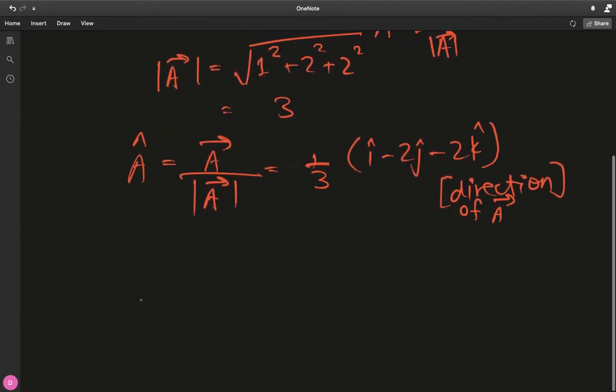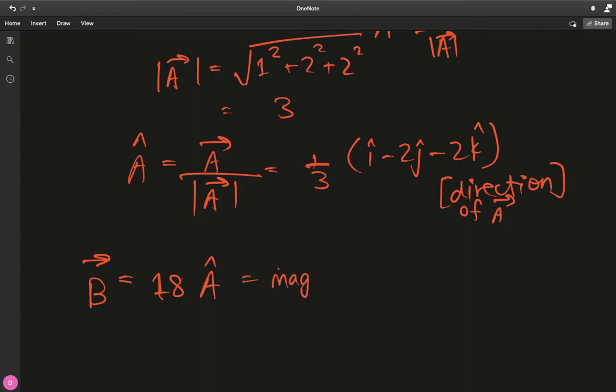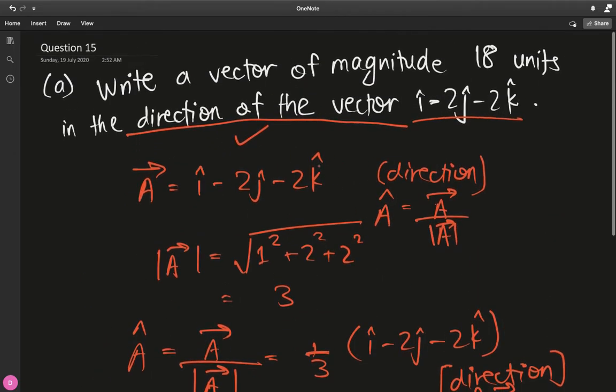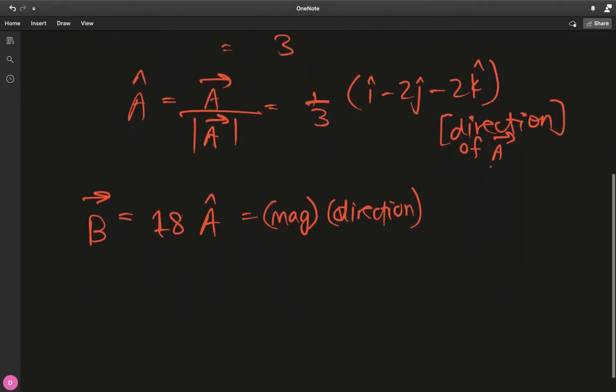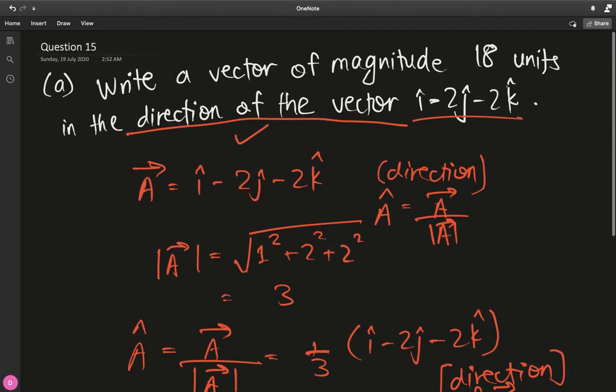So the new vector, if you call it B vector, is defined as 18, because that's the magnitude, times the direction A cap, because a vector is magnitude multiplied with the direction. The direction, as directed in the question, has to be the direction of A vector, which we found to be A cap, and the magnitude has to be 18.